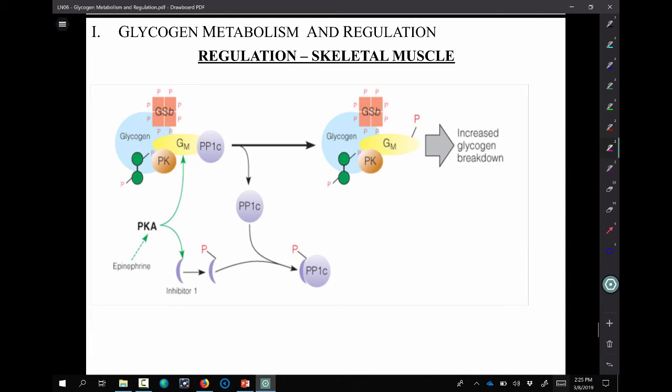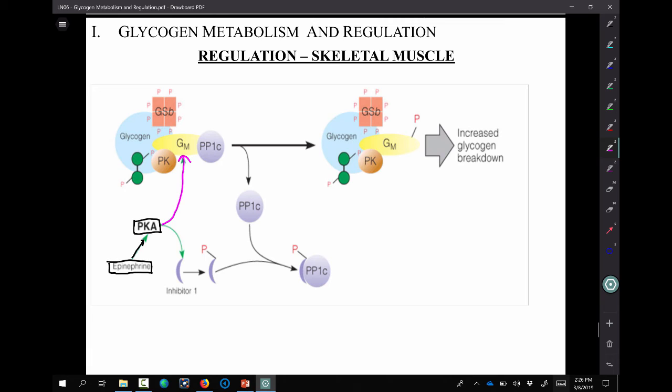The next slide, let's look at this. We just talked on our last slide about epinephrine. We looked at how it activates PKA, and I said it's going to phosphorylate GM, but I didn't describe what GM is. GM is the muscle version of the glycogen targeting protein.